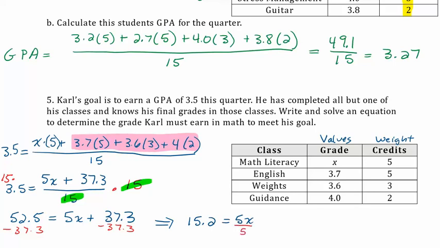Our last step is going to be to divide by 5. And it looks like we're going to get 3 point something: 3.04. So basically a 3.0. Carl's going to have to get a 3.0 in this class in order to have a GPA of 3.5.